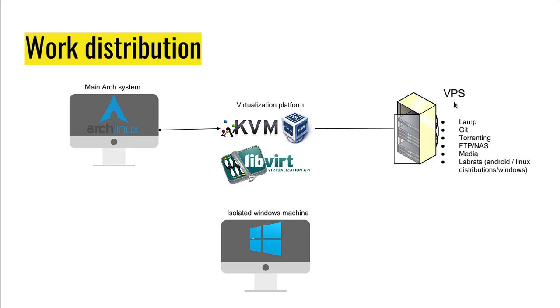And for the VPS, what I mentioned earlier, these are my ideas: to have a LAMP installation or multiple LAMP installations, a Git server. I have to investigate on that because I don't have any idea, but I think it will be easy, just setting up a service, a torrenting VPS, some file management VPS, a media server, and lab rats.